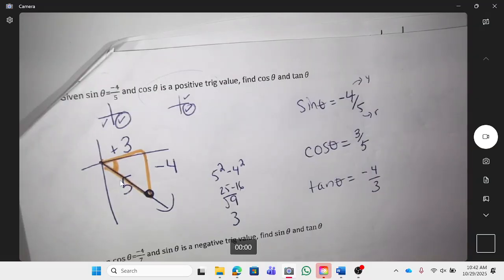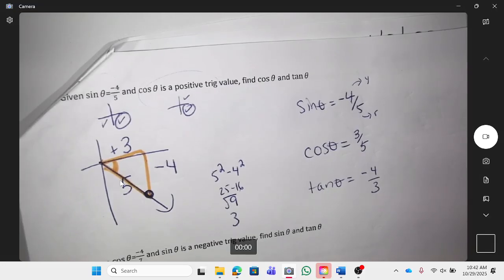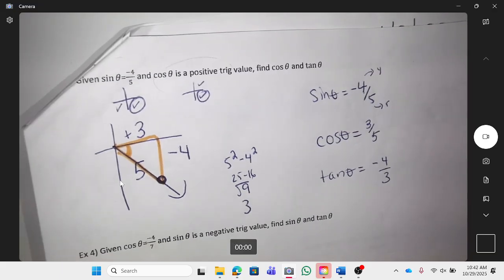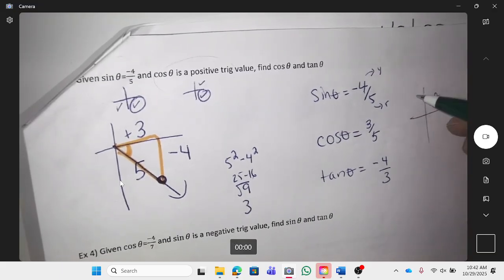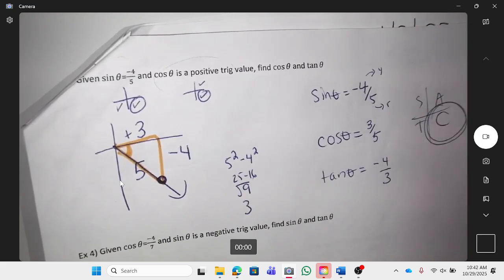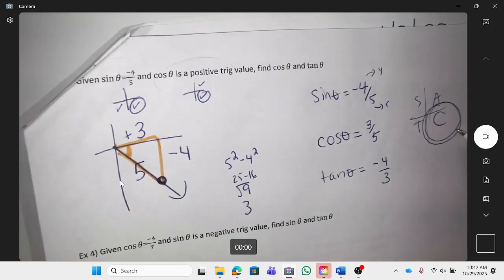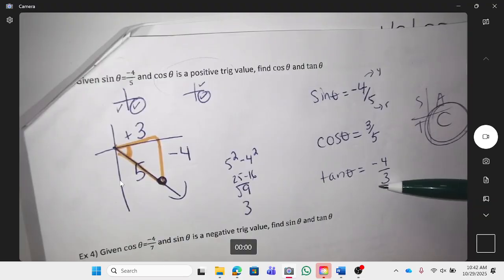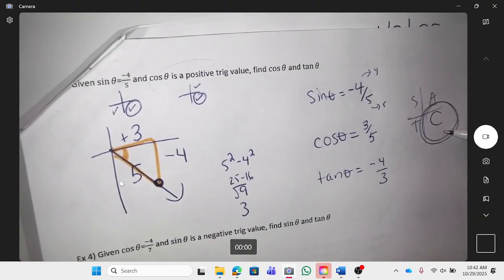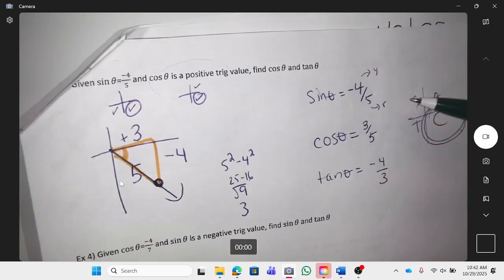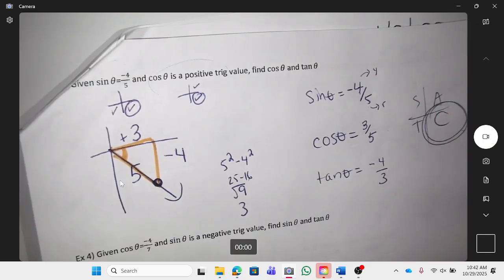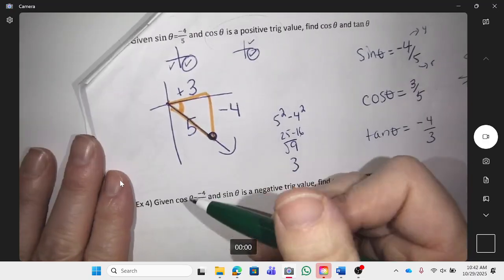Y over X, or TOA? Hey, did your answers fit into your ASTC? This quadrant, do you have a cos value that's positive? Check. Are the other things negative then? That works, right? Okay, last question.